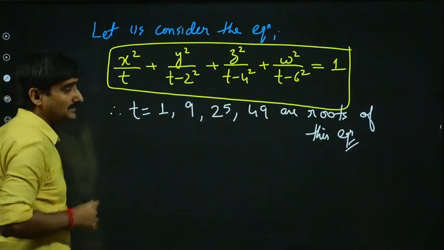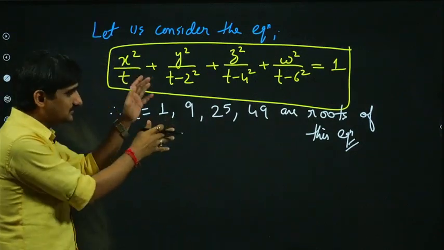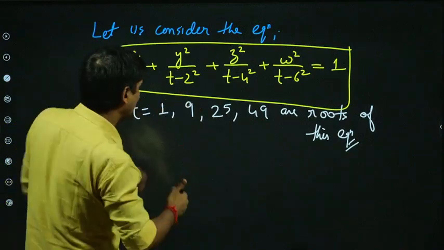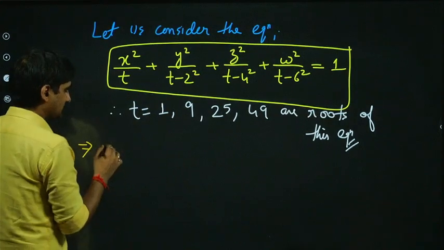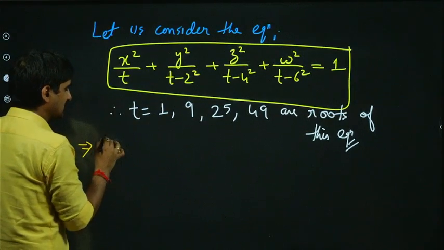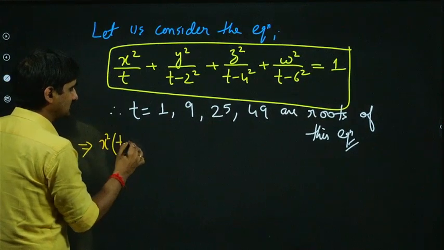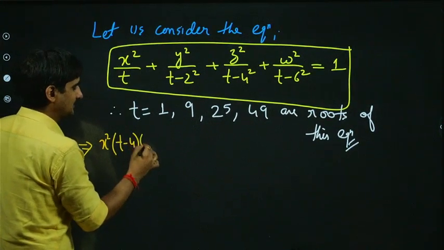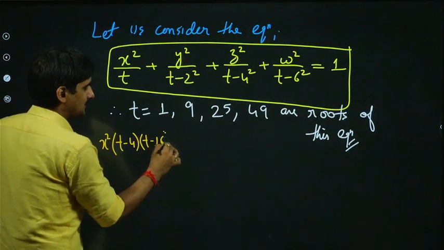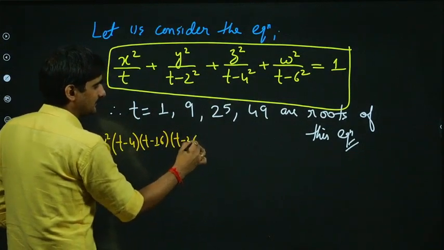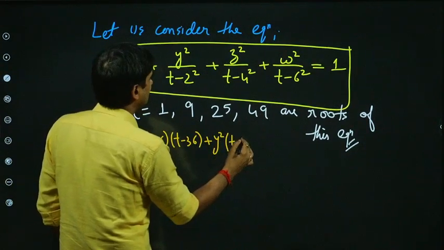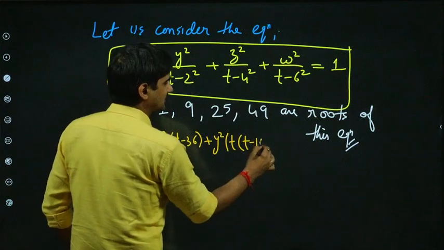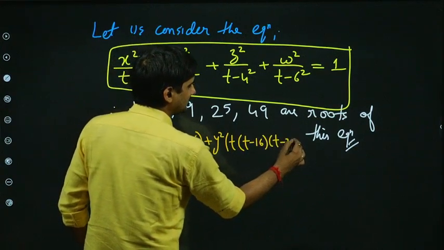Now what? See, what do we need? We have four roots of this equation, so why not simplify it? Just take the LCM here, bachcho. After taking the LCM, you will get x square into t minus 4 into t minus 16 into t minus 36, plus y square into t times t minus 16 into t minus 36.